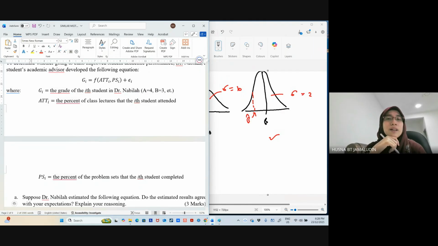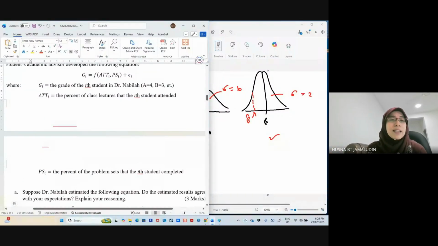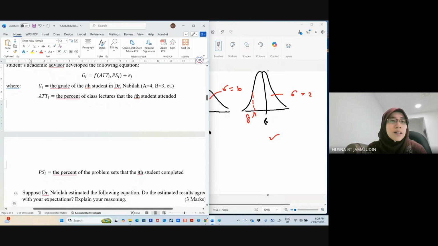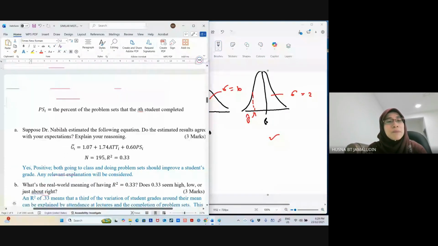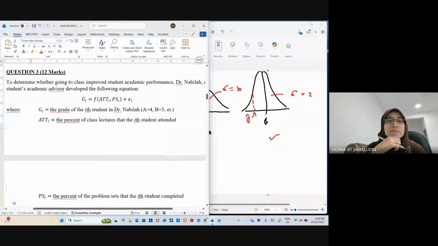So basically, this is your attendance. Of course, you are taking attendance, right? And PS, what is PS? Percent of the problem set that the students completed. Means that the exercise that you are doing, does it have some impacts on your academic performance. Okay. So for me, I think the independent variable seems okay.